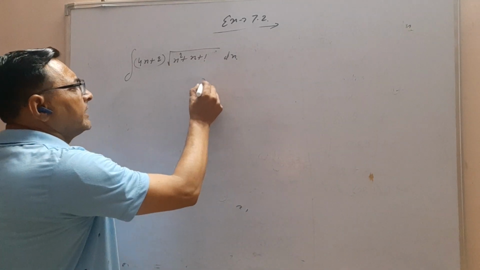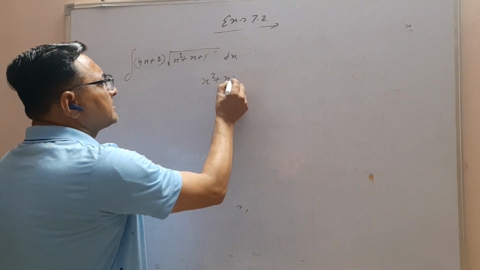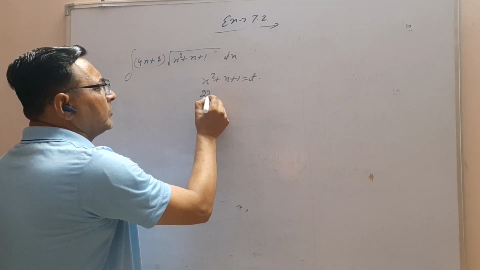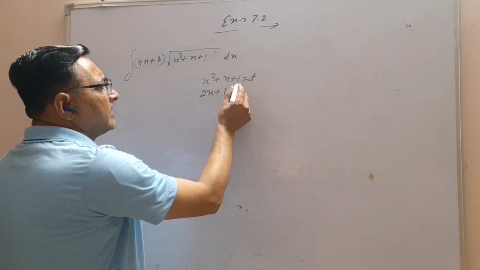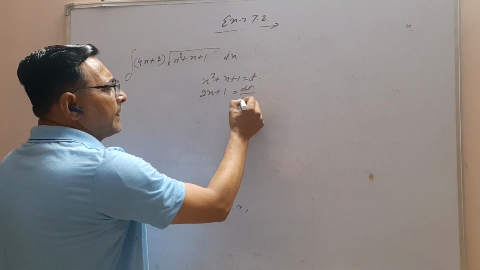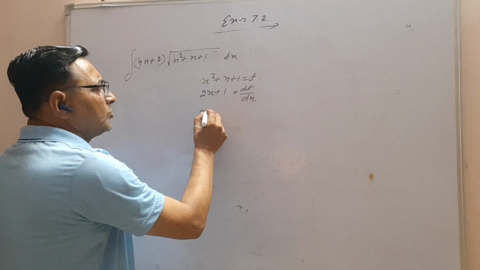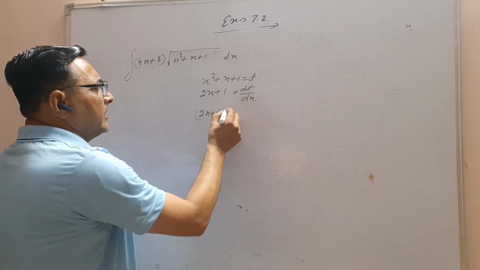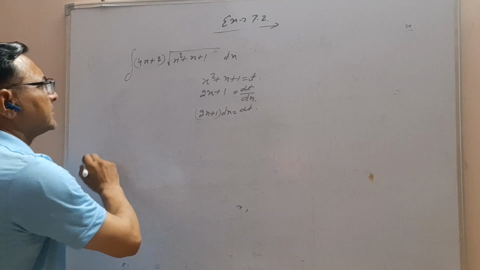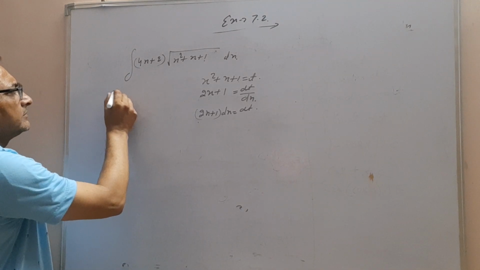So if we put x square plus x plus 1 is equal to t, the derivative of x square will be 2x, the derivative of x is 1, and the derivative of 1 is 0, because this is a constant. Dt by dx, so 2x plus 1 into dx is equal to dt. Now check this function over there. You can take 2 common from here.